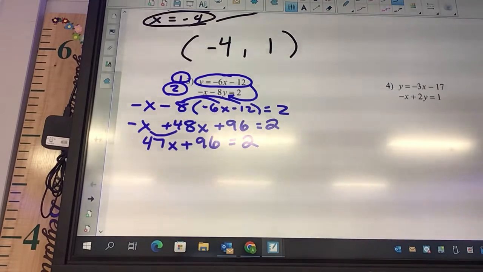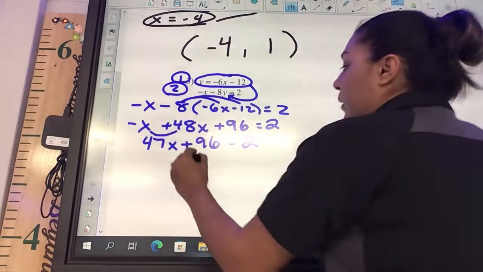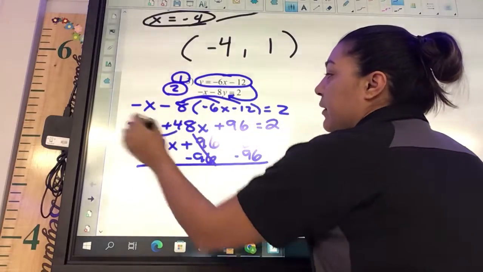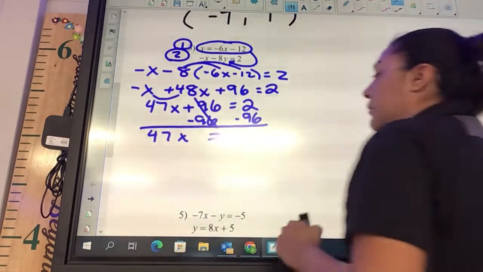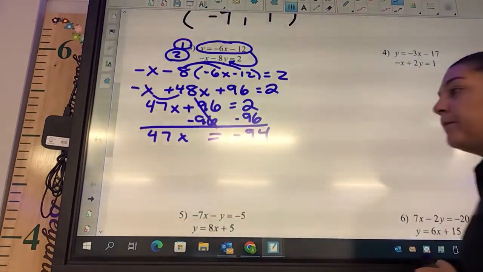Okay, and then what? Minus 96. So we got 47x equals negative 94.